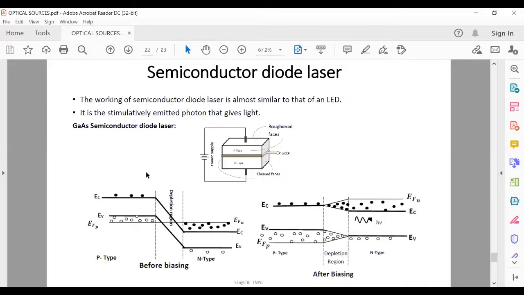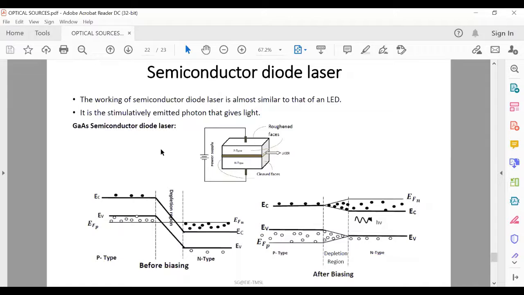So we have considered here the gallium arsenide semiconductor diode laser. It is a direct bandgap intrinsic semiconductor. This type of diode is obtained from a single crystal of gallium arsenide doped with zinc and tellurium to get the p-type and the n-type gallium arsenide semiconductor respectively.